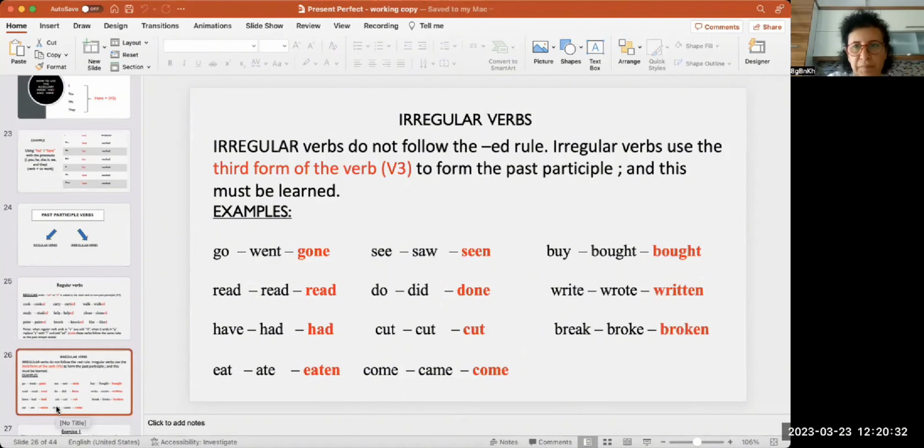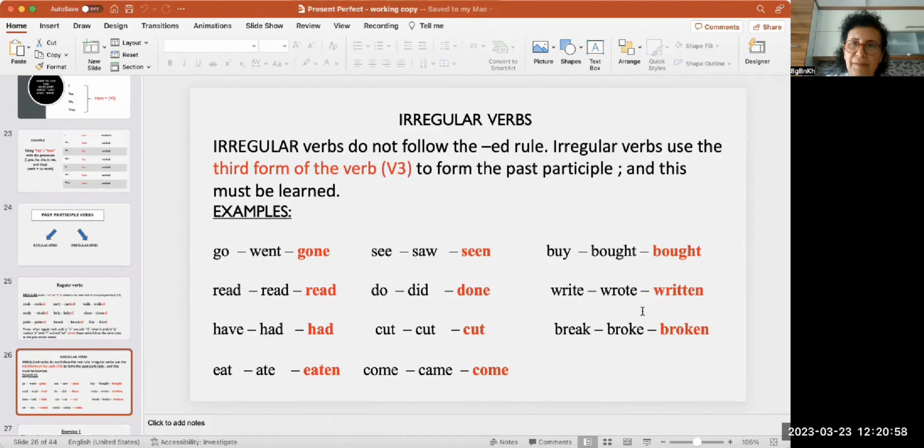Now, unfortunately, irregular verbs, you have to learn. You have to learn them, because they're, as the word says, irregular.